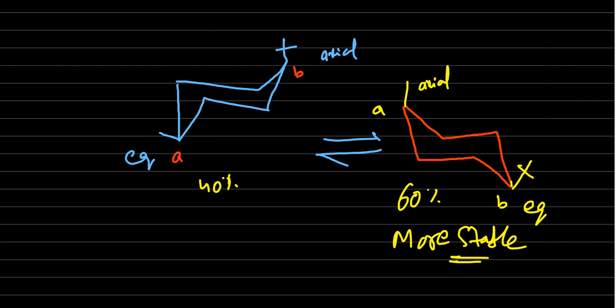Always, the note point is that the big group should be in the equatorial position to avoid the strain.